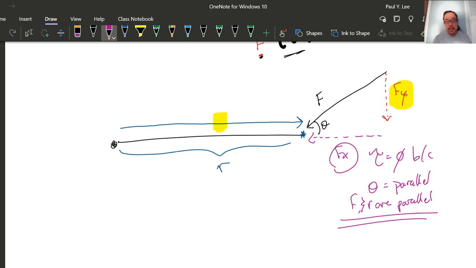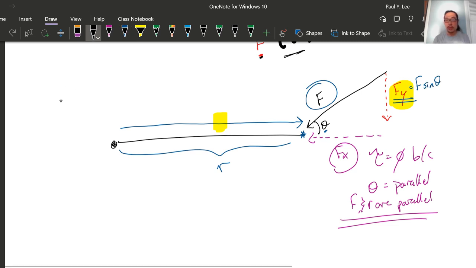So what this means is that your F of Y will be the force that causes the torque. It is important to say that yes, this force here is going to be causing the torque, but only this y component of the force is causing the torque. The x component is not causing the torque at all. So if we call this our angle, this would be F sine theta.